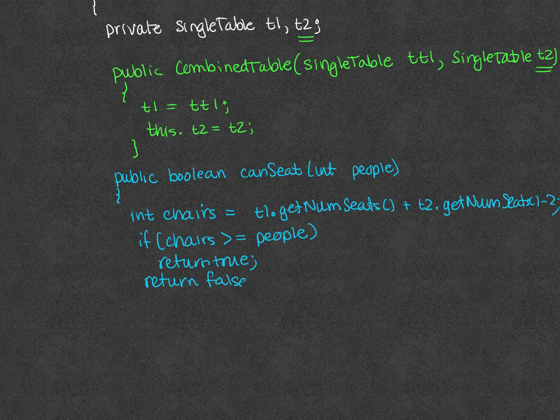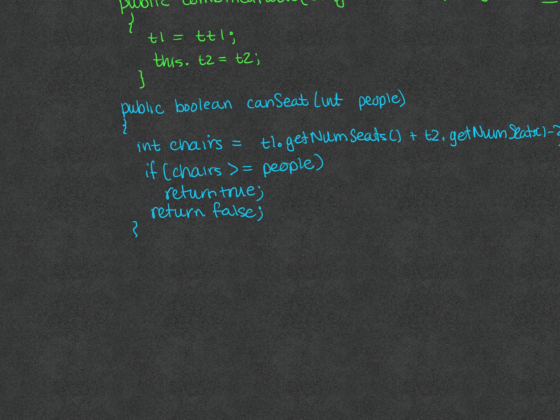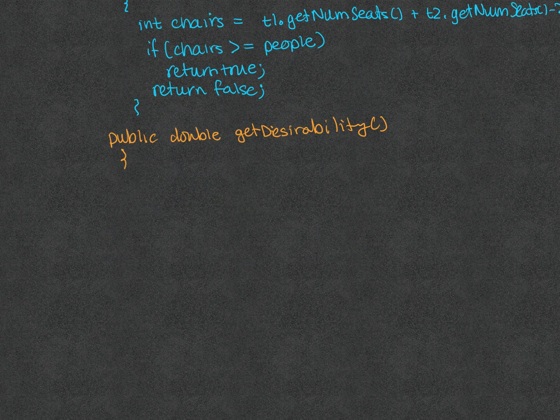Now, it is totally possible to do that all in one thing and not write an if statement. I just think that makes it a little clearer for us right now. The other thing they wanted us to do was to write get desirability. So get desirability returns a double, nothing's passed in. So the first thing I'm going to do is just get the average of the two.